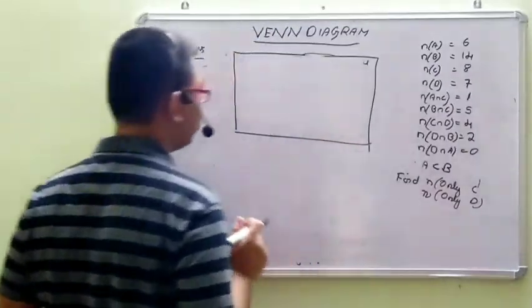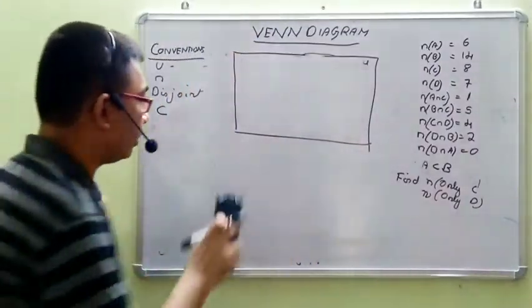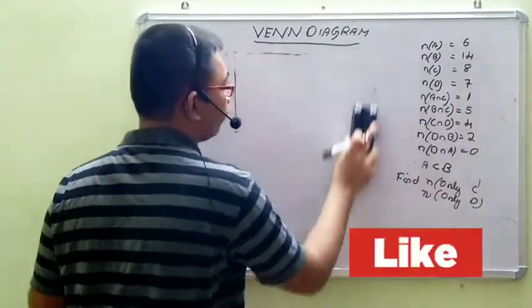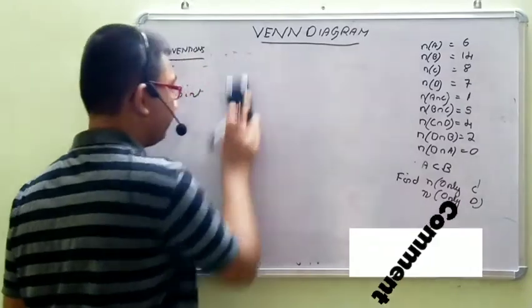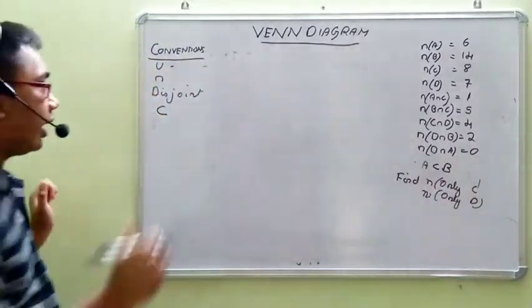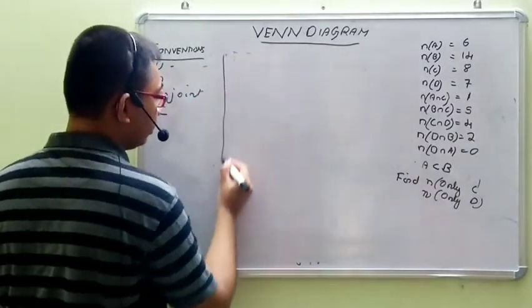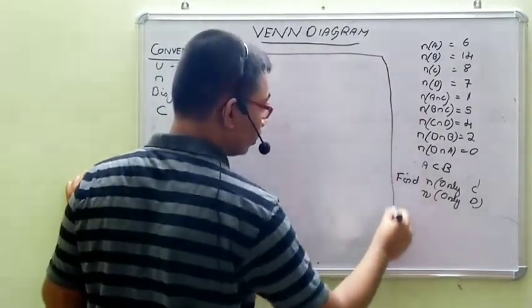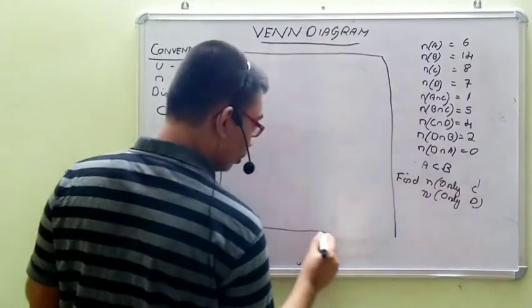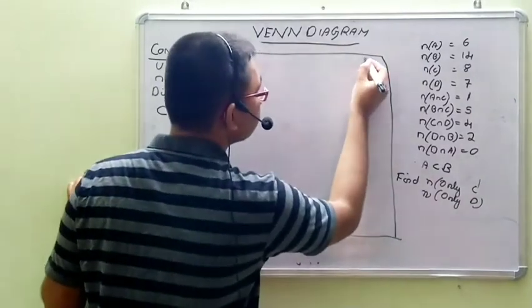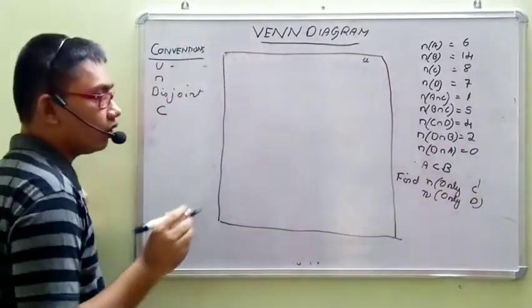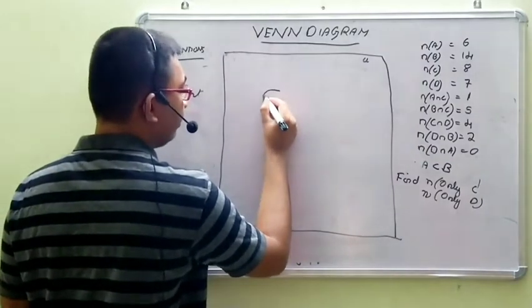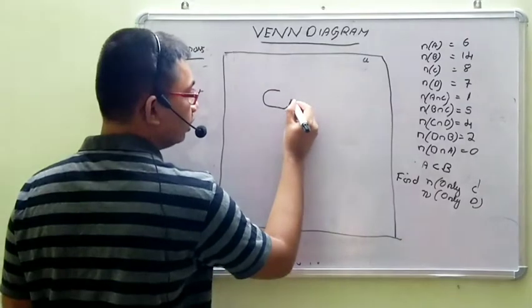So what we have to do here is draw it again as a bigger diagram, because you won't be able to understand if I draw in this. Now n(A) is equal to 6 and n(B) is equal to 14. This is our universal set U, and we are drawing A. A will be a set like this.